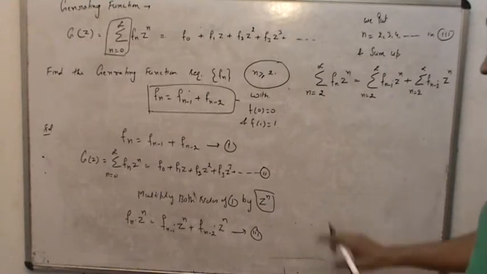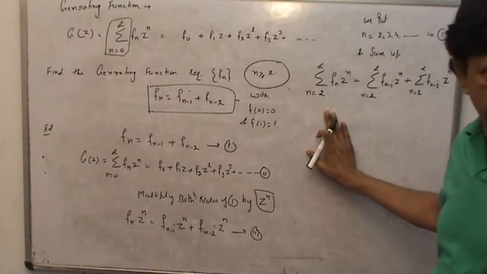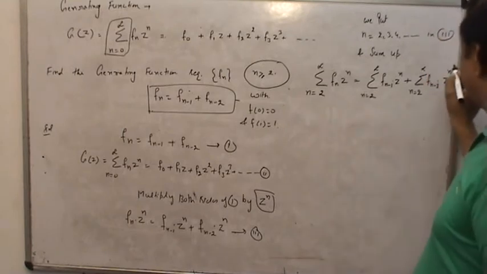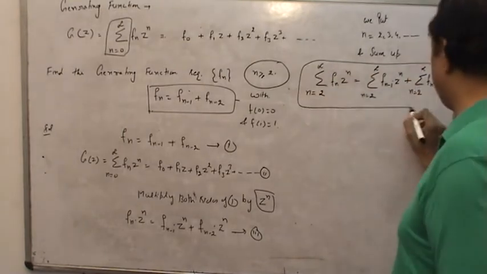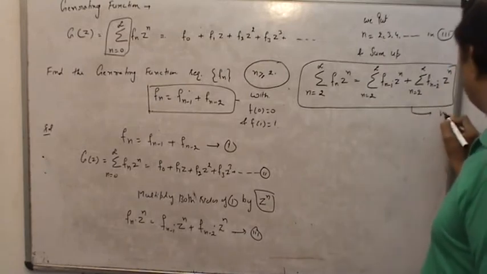The first term will start from 2, 3, 4, 5 and then we sum up all this. We get this step. Now we take it as number 4.